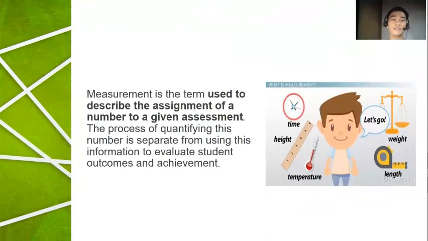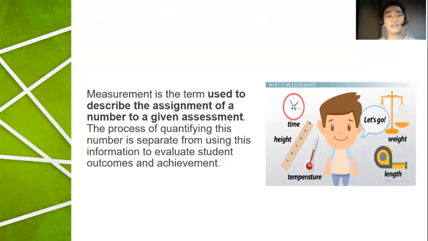Next, we encounter in assessment in learning the term measurement. What comes into your mind when you hear the term measurement? From the word measure. Basically, when we measure, for instance, we measure time, height, weight, temperature if you're not feeling well, or length. So when we measure, what we are looking at is the quantity.